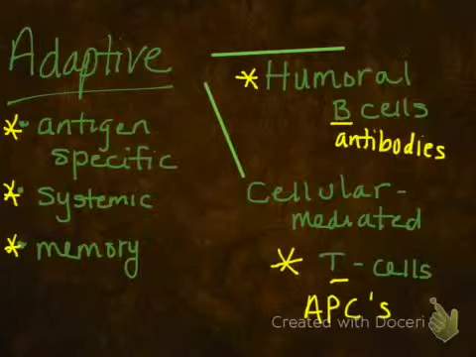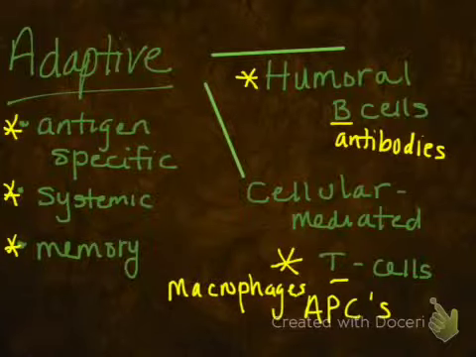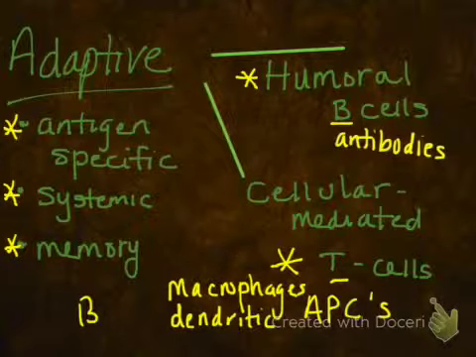And we have a couple different types of antigen presenting cells. We have macrophages, like monocytes, dendritic cells, which also do phagocytosis, and B cells can actually be antigen presenters. I'm going to talk more about that later.